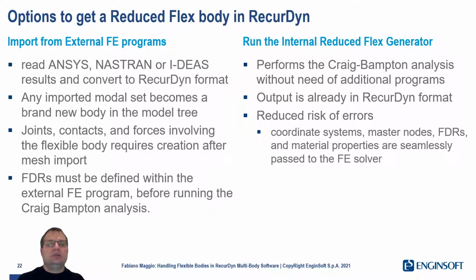By applying this solver to existing full flex bodies, so to existing meshes, you obtain the reduced flex bodies immediately, automatically, without risk of errors. Because you are not importing anything from outside, you are just reusing work that has been done previously.